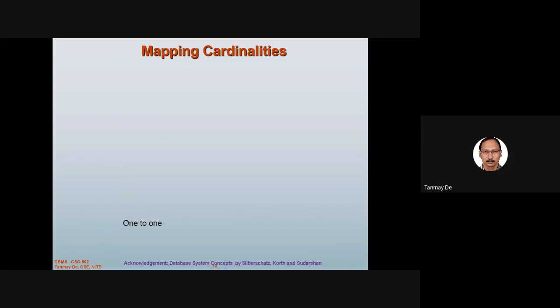In case of one to one, say this is the entity set A. Say A is one of the entity sets, and say B is another entity set.